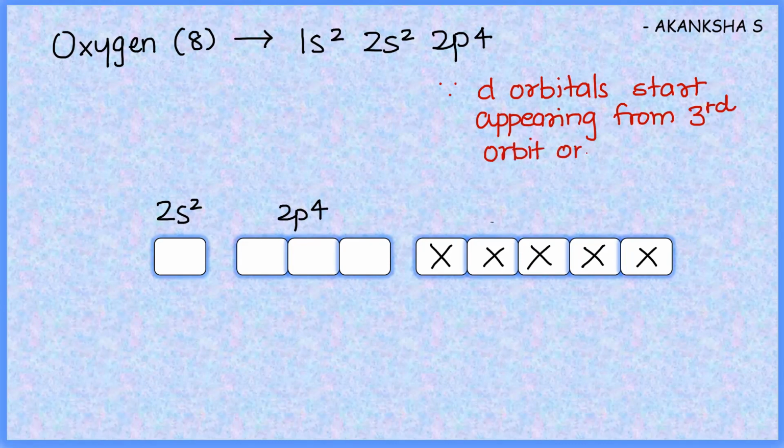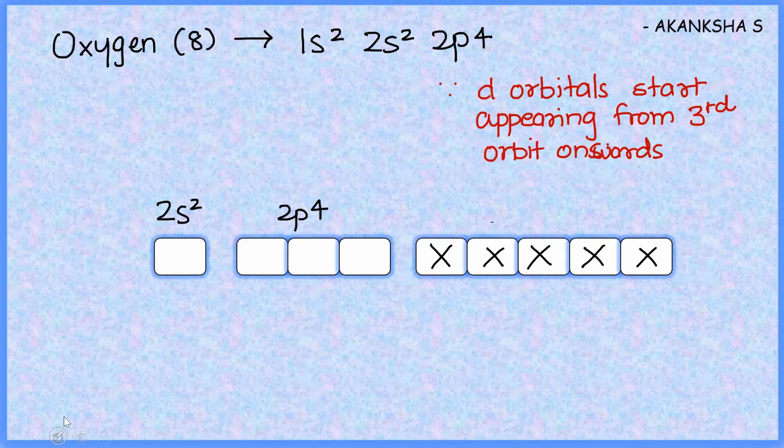That's why in sulfur, which had 3s2, 3p4, we could add our d orbitals over there. But in the second orbit, we cannot.